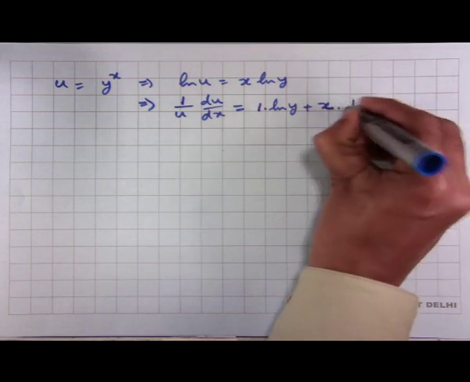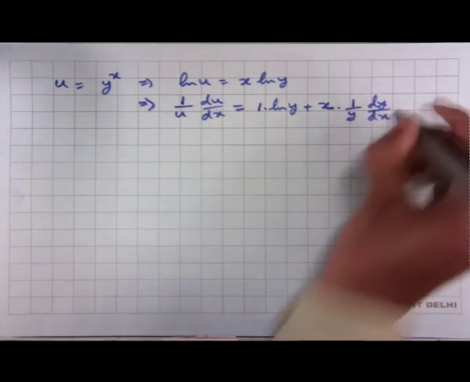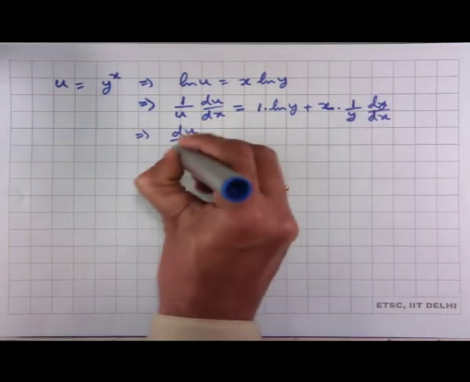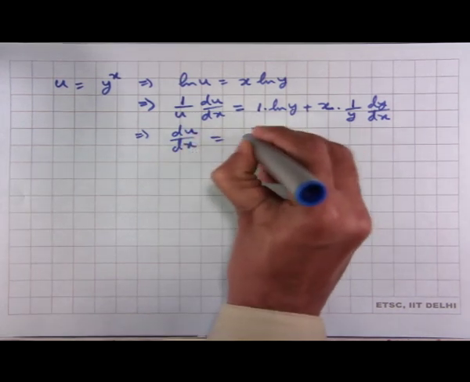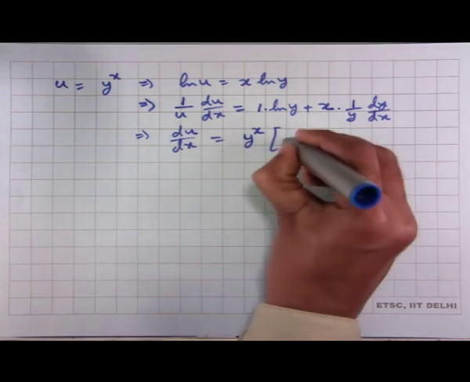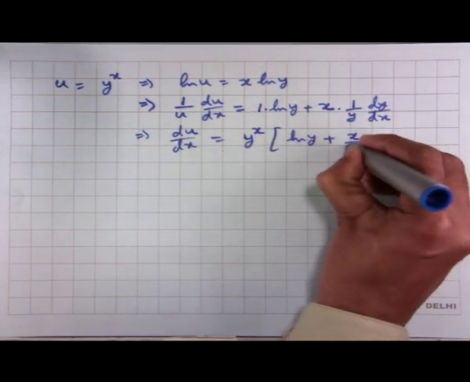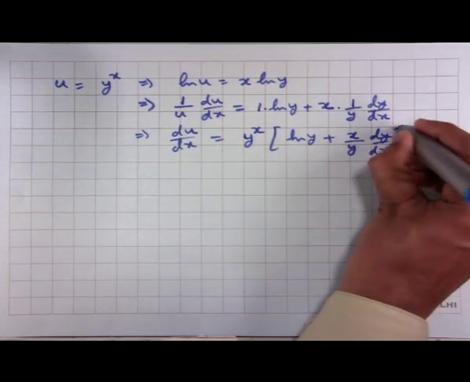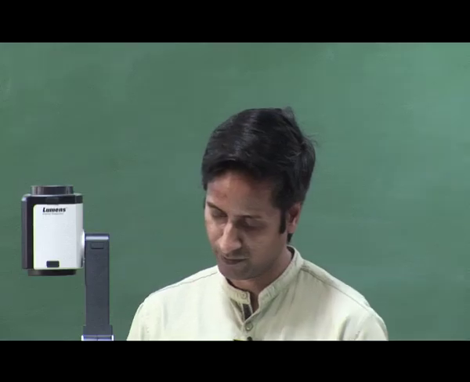So, that is 1 by y times dy dx, and this implies du dx is equal to u, which I can again write as y to the x times ln y plus x by y dy dx. So, let us call this equation 2.